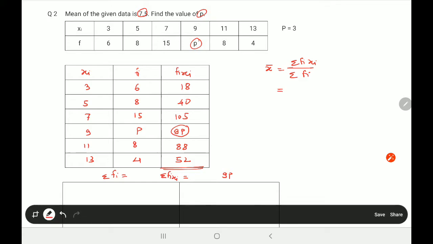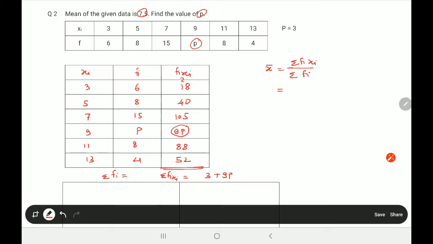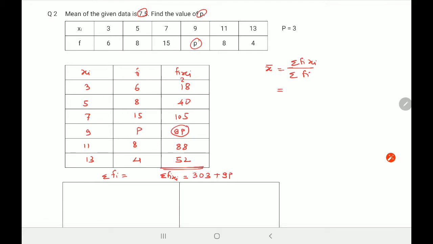I will add all other numbers. 23 carry... 303.